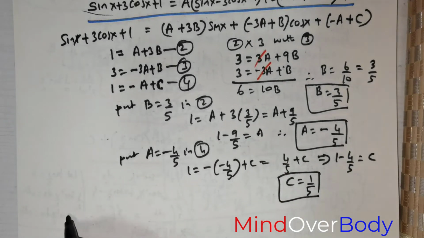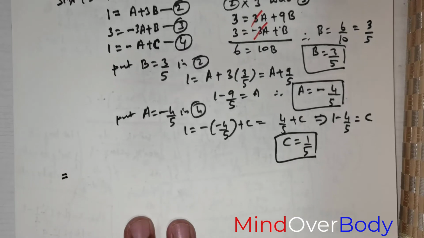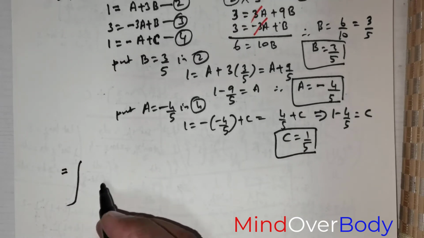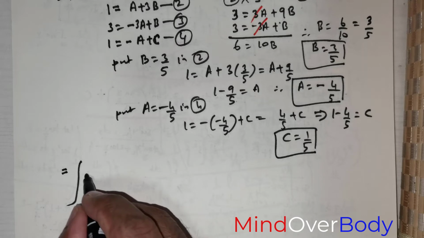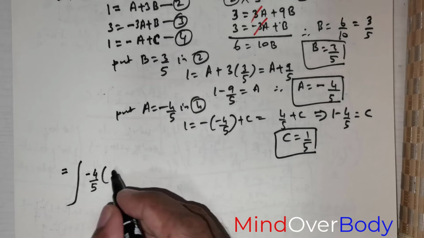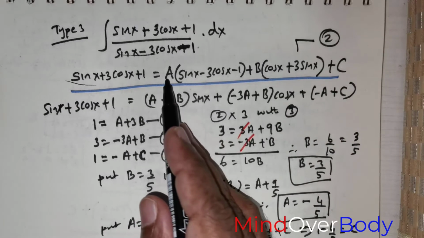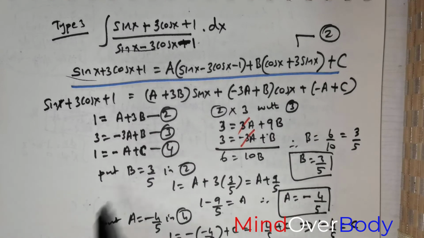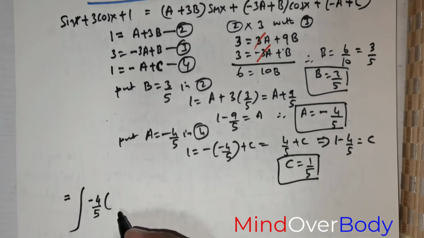So now the integral is rewritten as integral. In place of a, it's going to be -4/5 times, I'm actually substituting the values for a, b and c, and the numerator would be represented in this fashion.